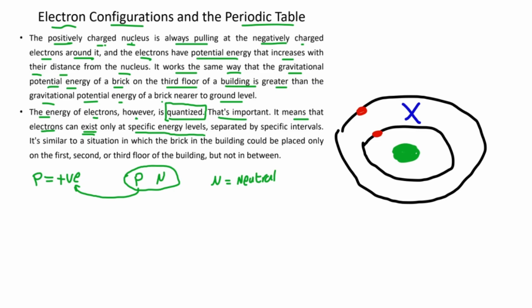So the electrons are quantized because they can only be found in the orbit itself, at specific energy levels separated by specific intervals. It is similar to a situation in which the brick in the building could be placed only on the 1st, 2nd, or 3rd floor of the building, but not in between.